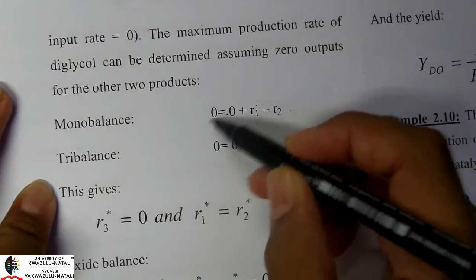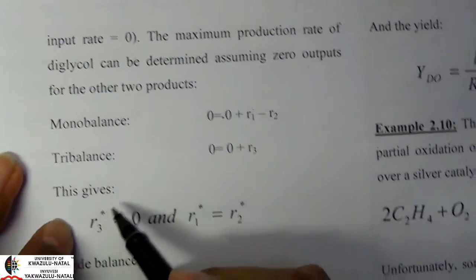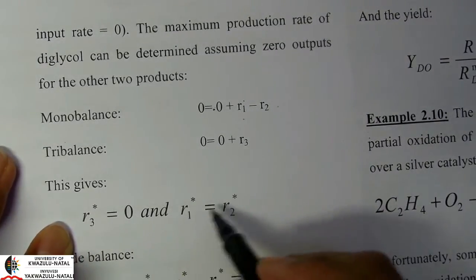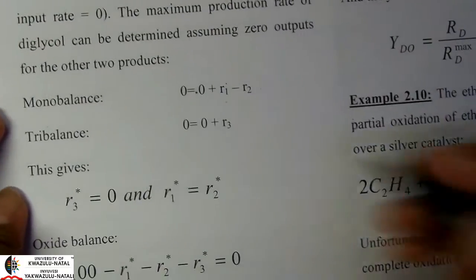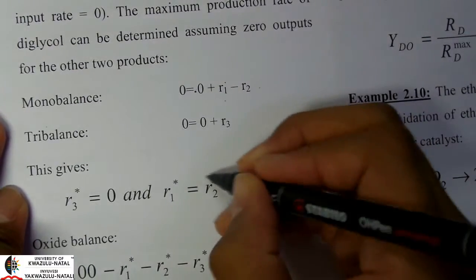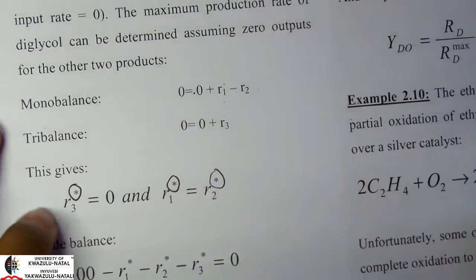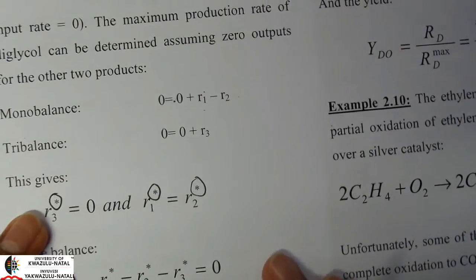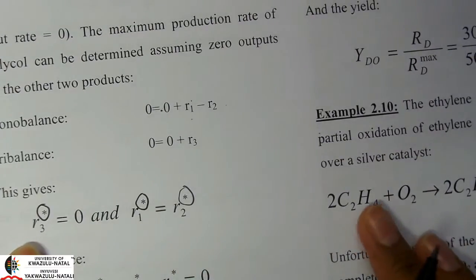Okay, so let's move on. From these balances, we obtain the following relationships: that this R3 star is equal to 0 and R1 star is equal to R2 star. And note that we are putting these stars here, and this is because we want to denote that these are not our actual reaction rates.